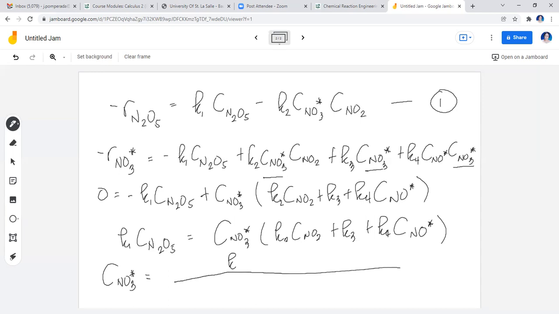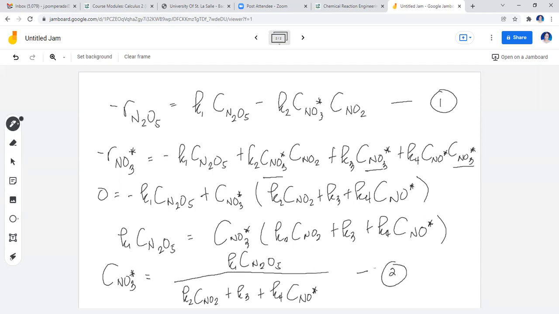The numerator is K sub 1 concentration of dinitrogen pentoxide, and your denominator would be K sub 2 C NO2 plus K3 plus K4 C NO asterisk. So this now is our equation 2.